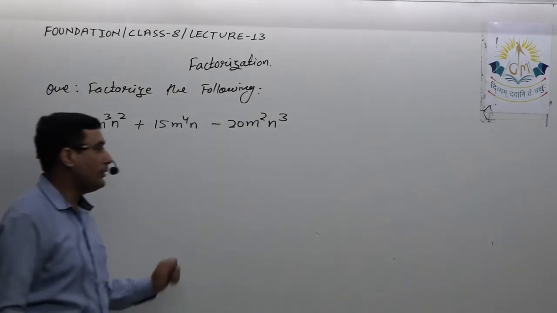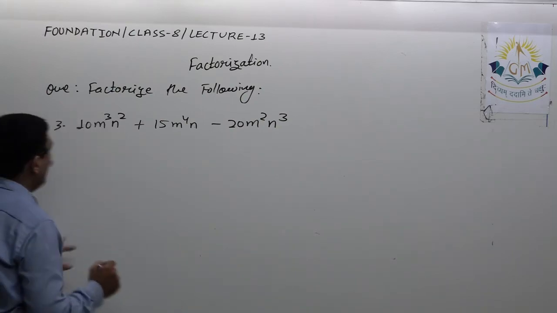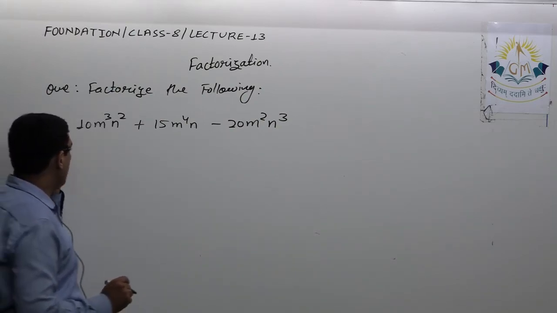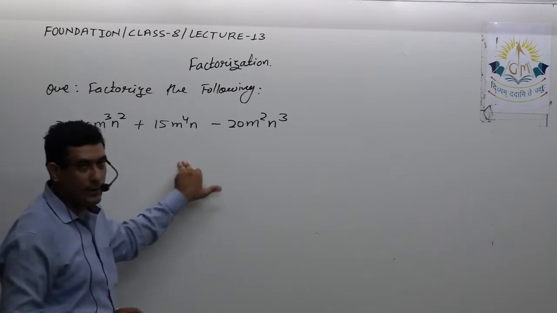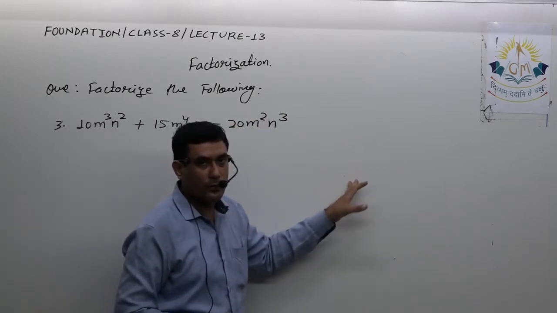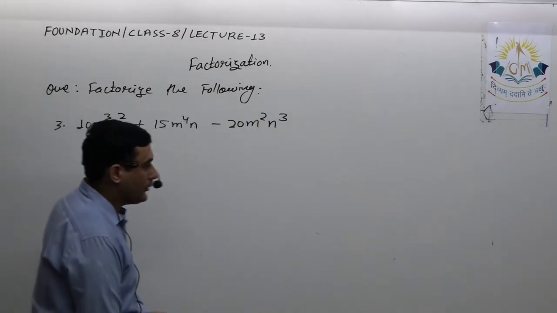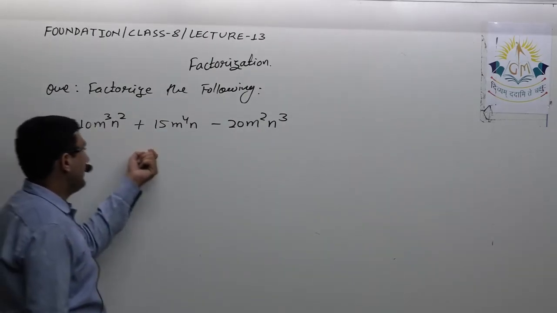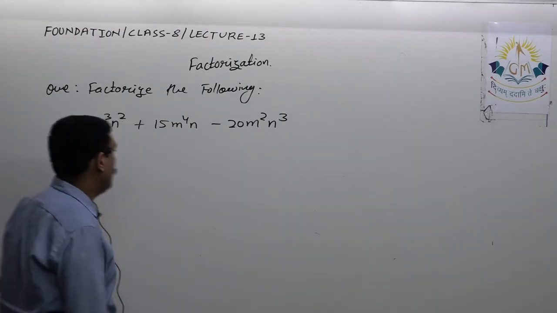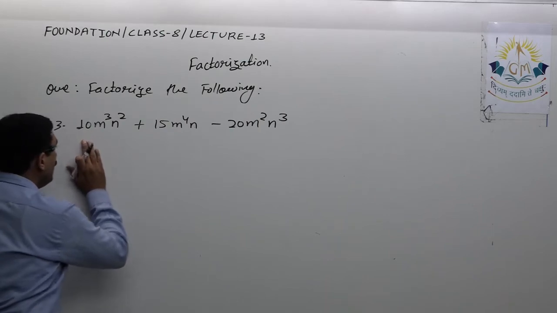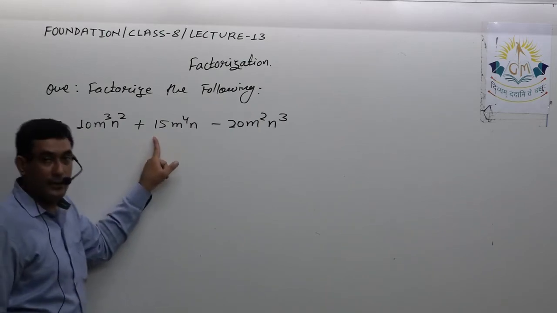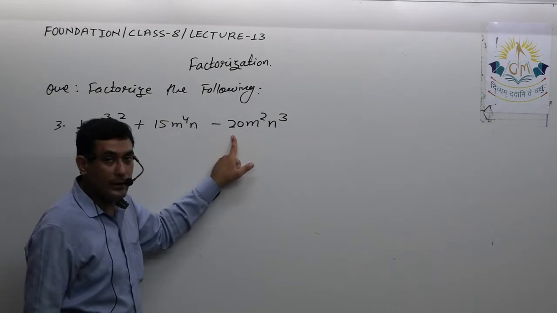First we see what numeric value we can take common, and this time I will tell you to try to take common directly without finding the factorization, because it will consume your time. So if you are comfortable taking common directly, go with that method. Here it is 10, that means 2 into 5, 15, that is 3 into 5, 20, that is 4 into 5.